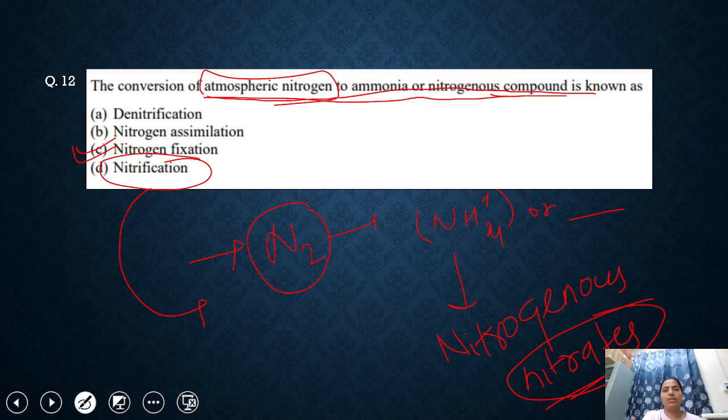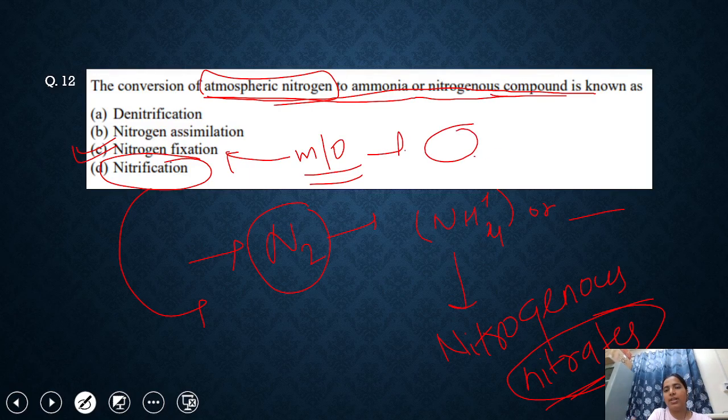That's why when we study the different microorganisms that we mainly use for nitrogen fixation, what do those microorganisms do? They mainly take the nitrogen from the atmosphere and convert it into nitrogenous compounds that can be used directly by the plants.